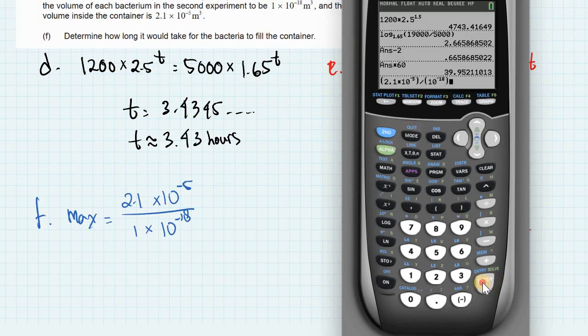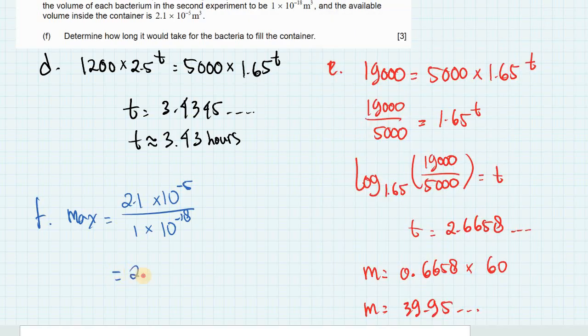Close bracket, enter. We have 2.1 times 10 to the power of 13. This is the maximum number of bacteria in the container.